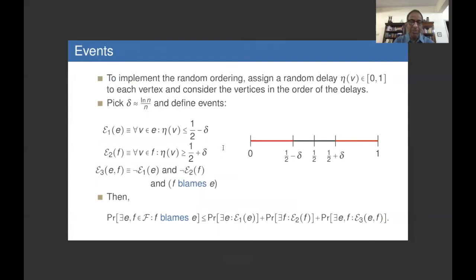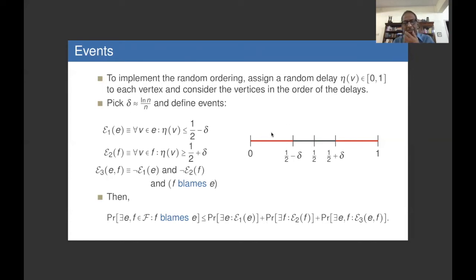So let me give you some more details. Instead of arranging the vertices uniformly at random by choosing a permutation, let's assume that each vertex is given a random delay in the real interval 0 to 1. So each vertex is assigned a delay, and then we consider the vertices in the order of that delay. Now we will choose a parameter delta.